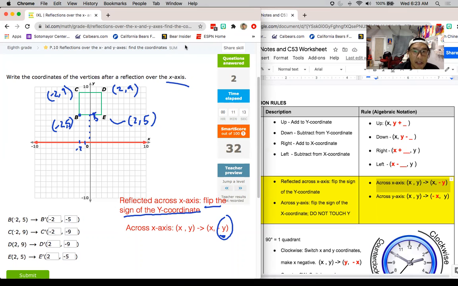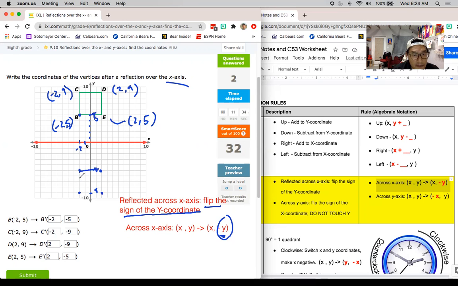So there are all my new points. 1, 2, 3, 4, 5. This is -5, 6, 7, 8, 9. This is -9. And so I am at -2, -5, -2, -9, 2, -9, and 2, -5.